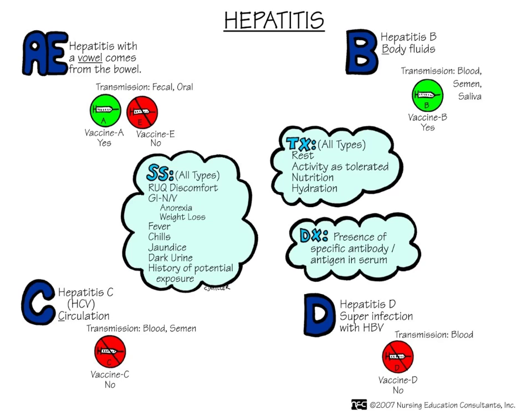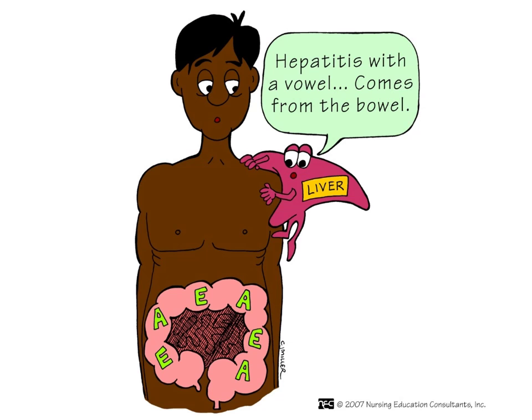Now, the diagnosis is done by a lab test, so we see that specific antibody in the blood. So whether it's A, B, C, D, or E, we'll see what's really causing that. So once again, hepatitis with a vowel comes from the bowel, so that'd be A and E are both from the bowel.